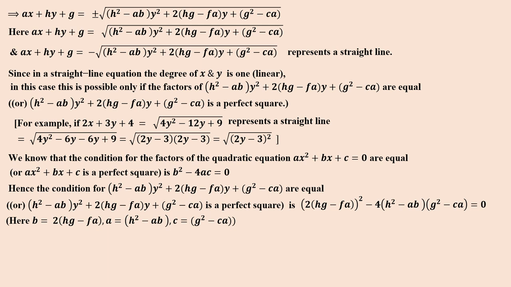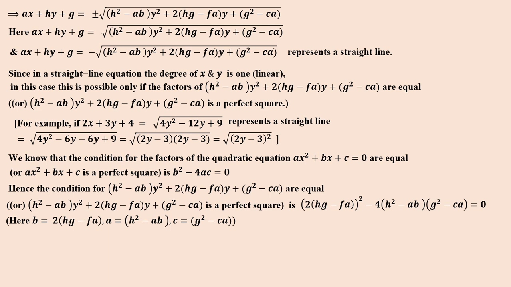Hence the condition for the roots of the quadratic equation to be equal or perfect square is b square minus 4ac is equal to 0, right? That is the point. Here we need to write the exact words: hence the condition for the roots of the quadratic equation to be equal or perfect square, then b square minus 4ac is equal to 0.